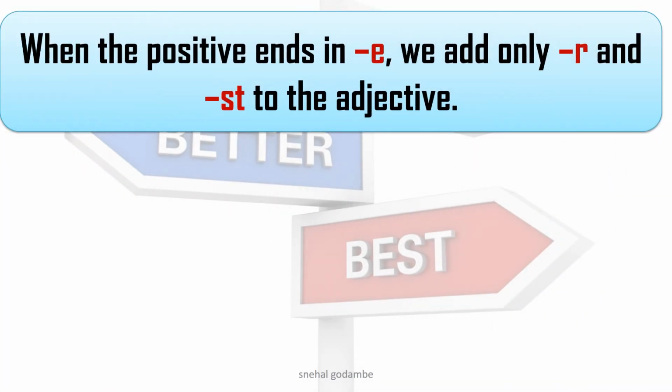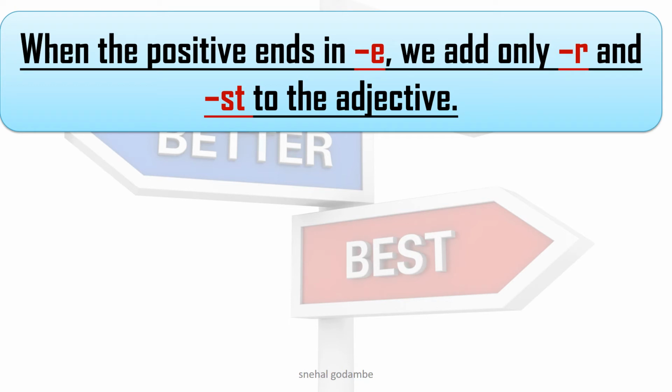Next rule. When the positive ends in E, we add only R and ST to the adjective. Just now we have seen that we have to add ER and EST.